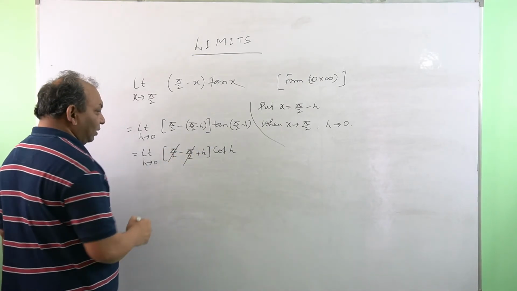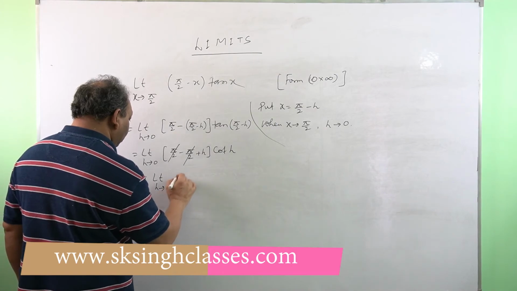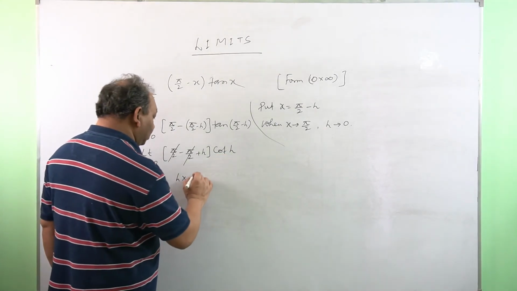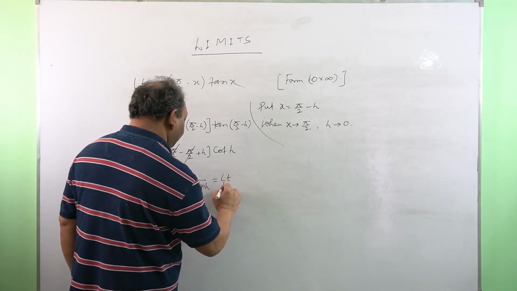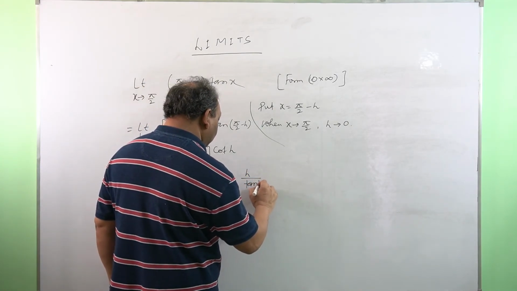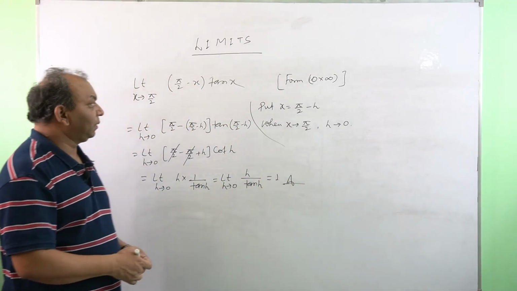Pi by 2 minus pi by 2 cancel out. Limit h tends to 0, h into cot h, which can be written as 1 by tan h. So it is limit h tends to 0, h by tan h, which is equal to 1. So 1 is the required answer.